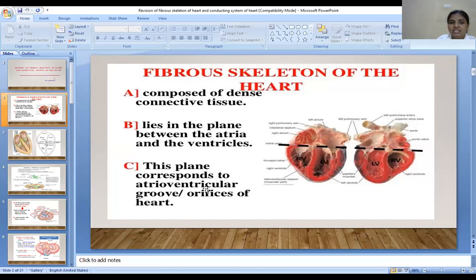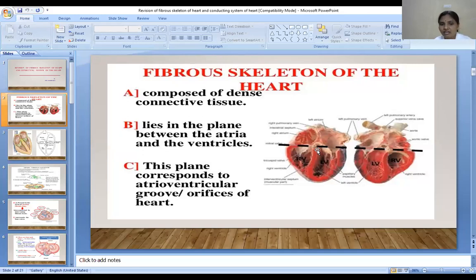Okay, and this plane corresponds to the atrioventricular groove or orifices. As you know, a groove or orifice lies between the atria and ventricles. So, what are these two? Right and left atrioventricular orifices. So, the fibrous structure, meaning the collagenous tissue, is accumulated in the form of a skeleton.